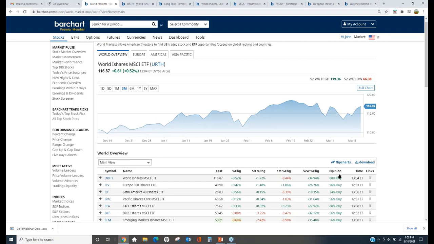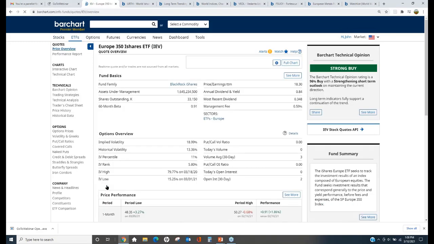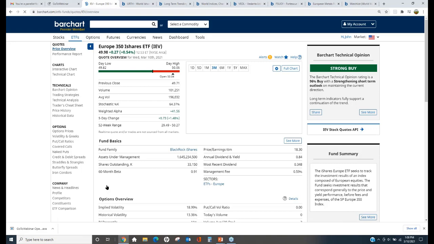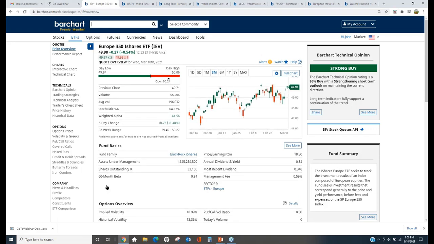those particular markets. So what we can do is click on any one of these, right? For instance, I'm just going to click on this European one. And this takes me to the price overview page, which sets me on my first steps of doing my due diligence on how the fund is made up and how it is performing, basic statistics, how much volume it's trading, what its range is.